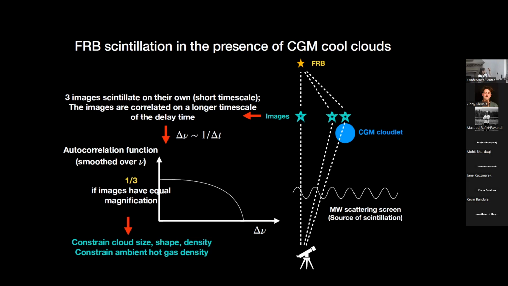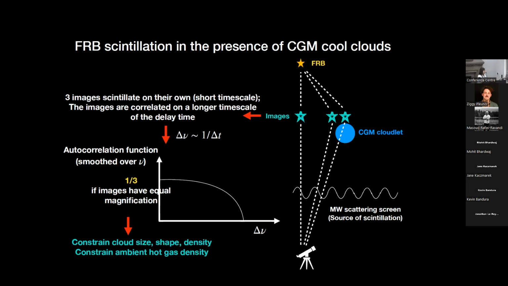The images are going to arrive at us at different times, at a longer timescale, which is the delay time. So if we calculate the autocorrelation function of the FRB intensity as a function of frequency, you want to translate the time delay into a frequency by just inverting the time delay.